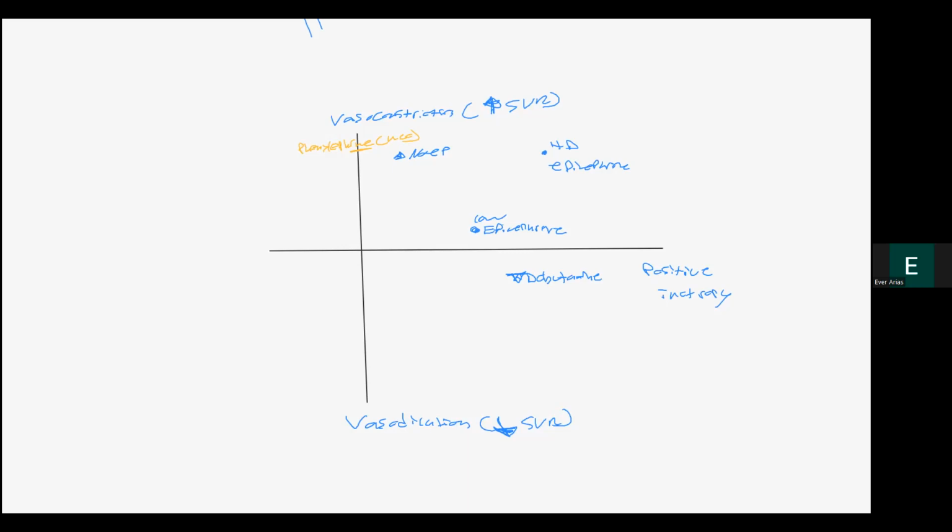But the first line for someone with septic shock, or really most shocks, is Levophed or norepi. Second line is vaso. And the third line is phenylephrine or neo.